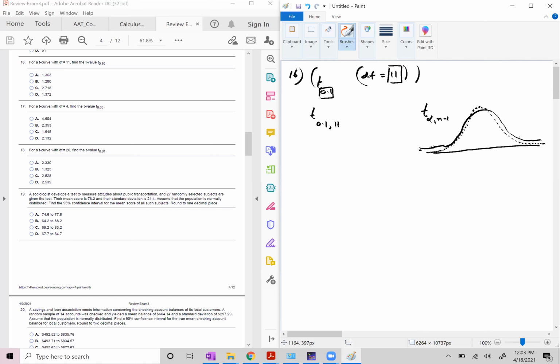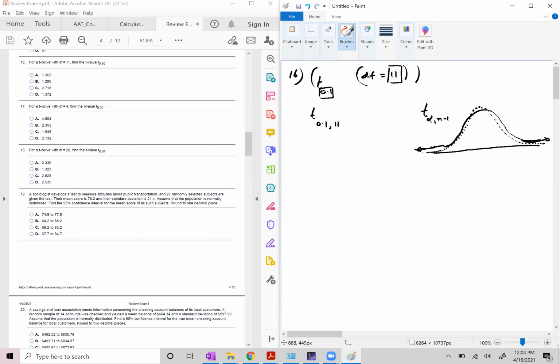The tails are thicker than the normal distribution.